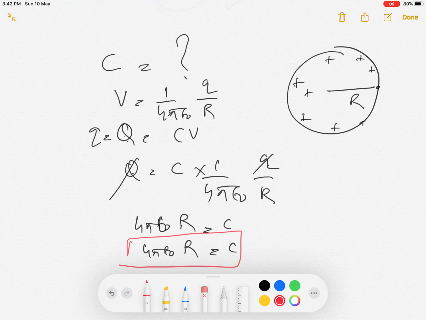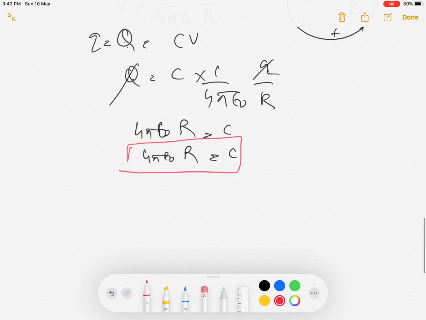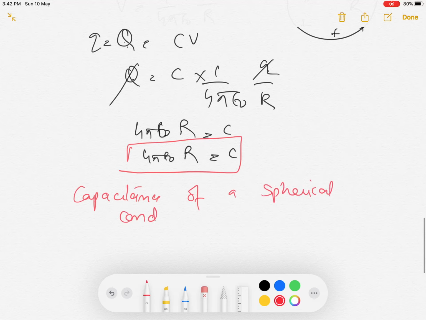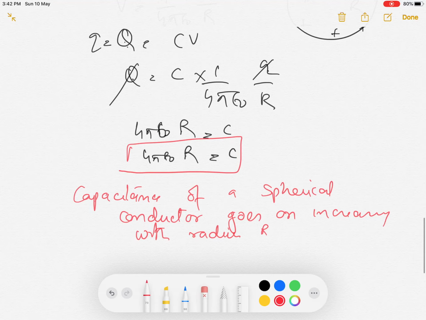That means the capacitance of a spherical conductor goes on increasing with radius r, or you can say with the size.